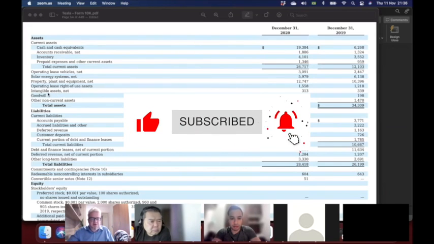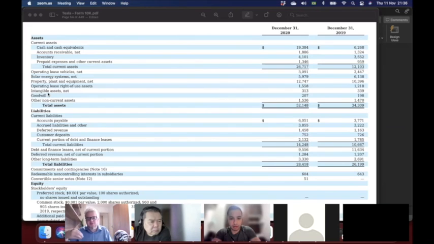These numbers, we only understand what is inside them if we analyze the notes carefully. They will mention it there. We don't have time to do everything in detail, but if you want, do this later as an exercise. So in total assets, we had 34 billion in 2019, 52 billion in 2020.